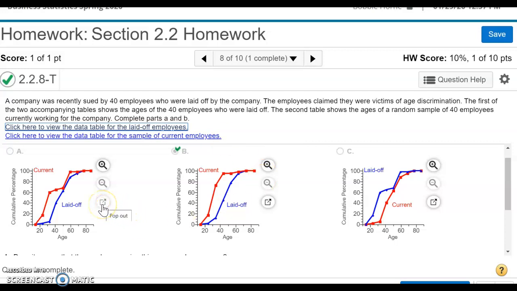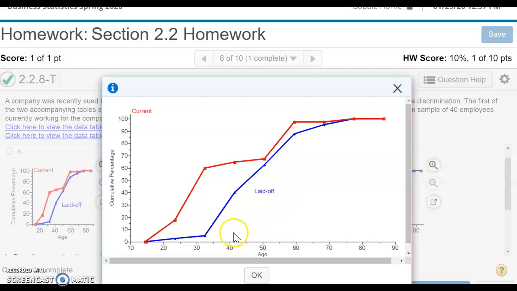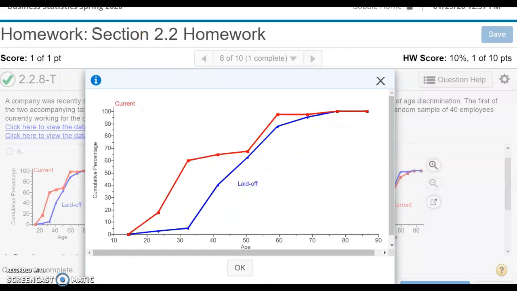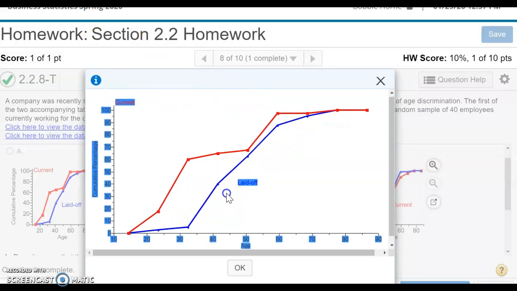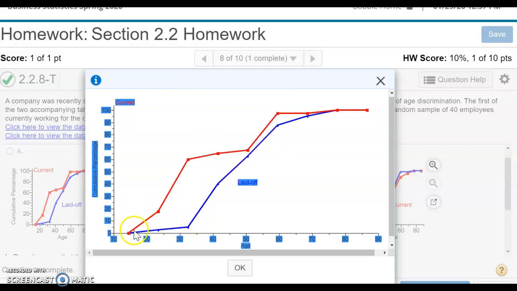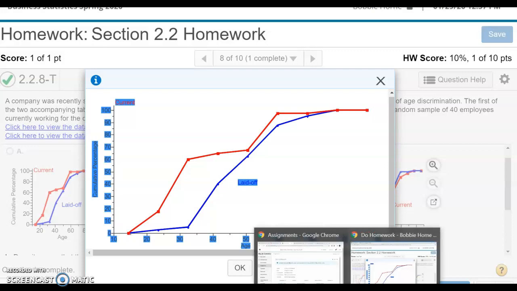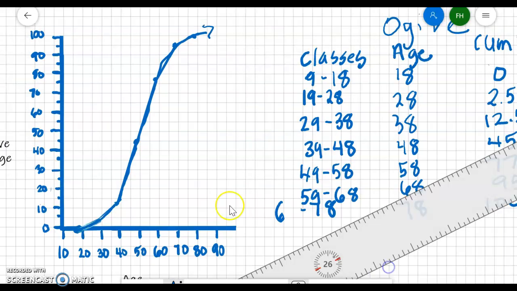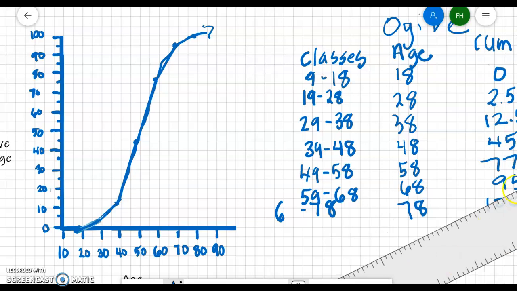But I basically use process of elimination, because if you look at laid off here and you look at this line here, you can see that the third point is at less than 10, and our third point is above 10, because our cumulative frequency for our third point is at 12.5.